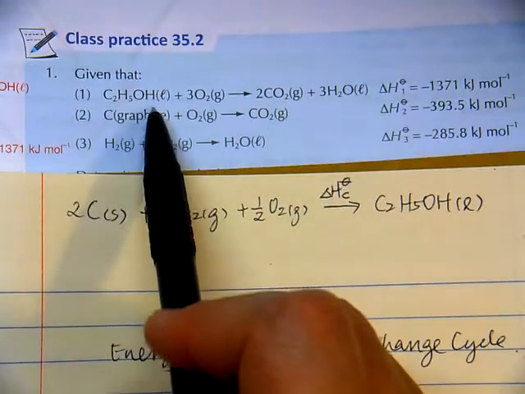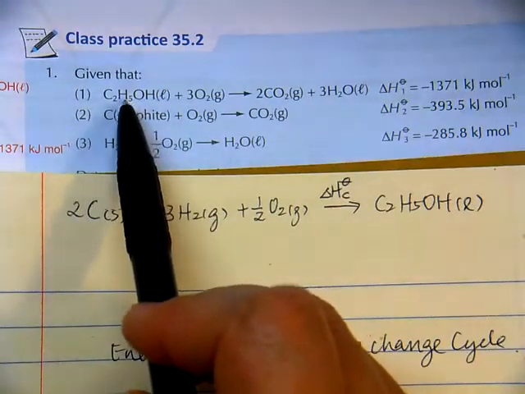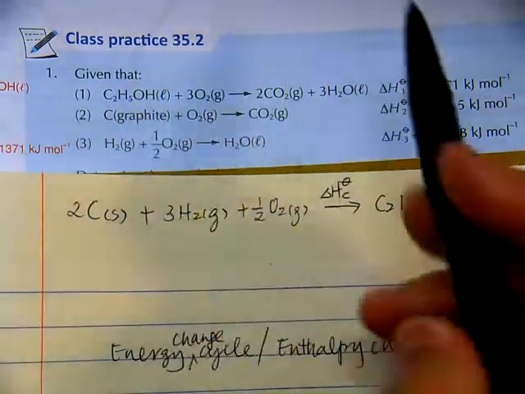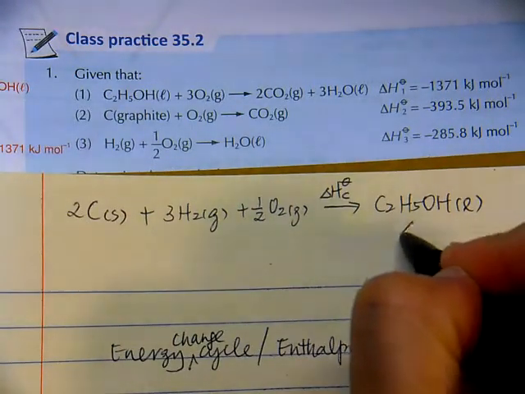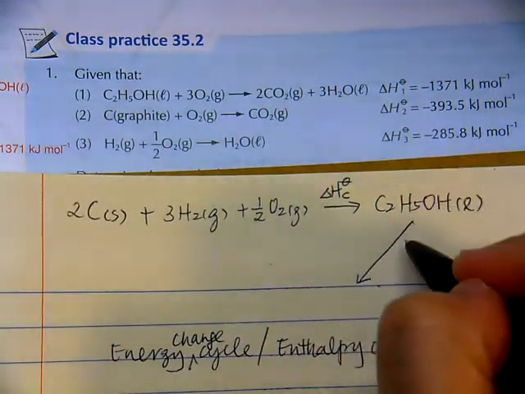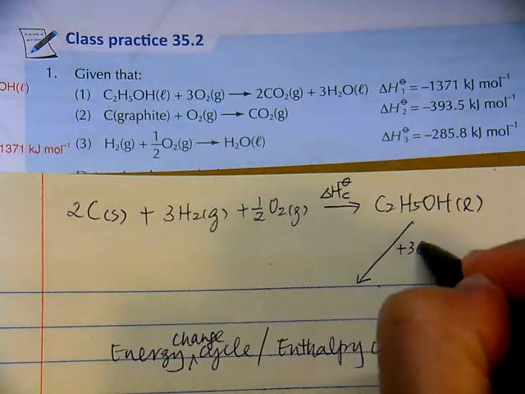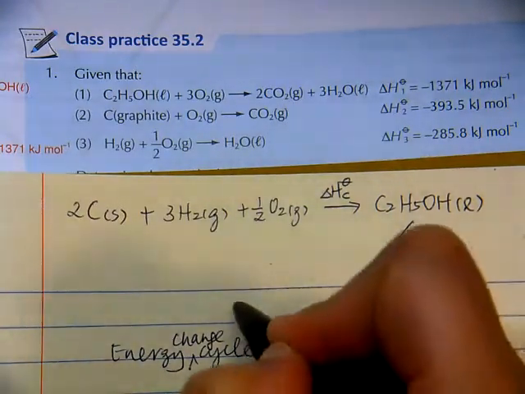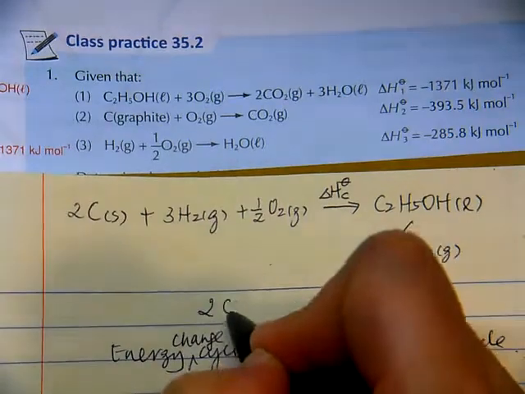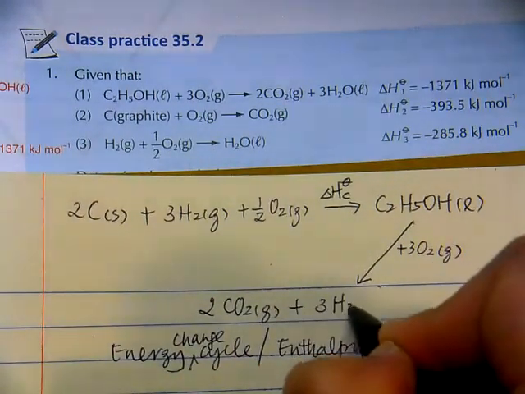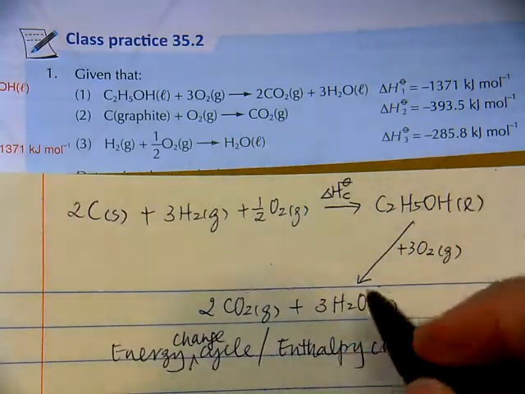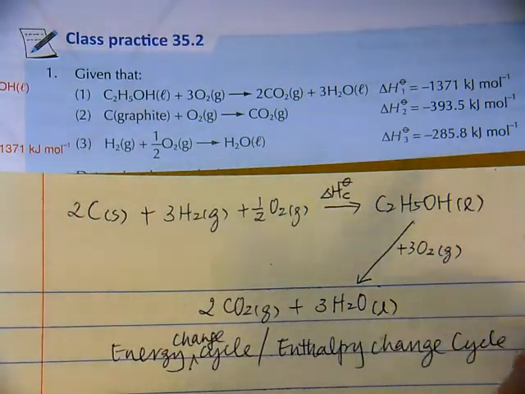Now, let's look at the given equation. Here we have the ethanol. Here is the ethanol. So obviously, connect them up by adding 3 oxygen. Finally, we have 2 carbon dioxide and 3 water produced.